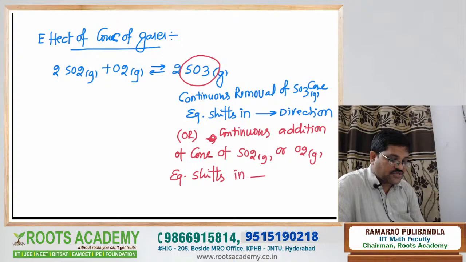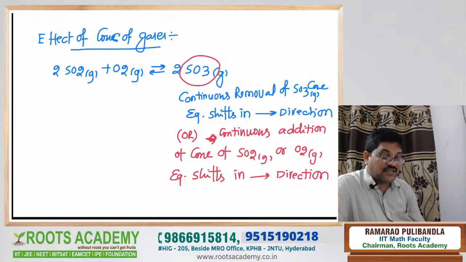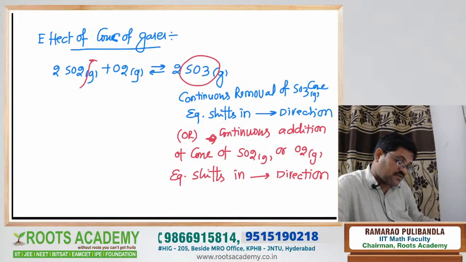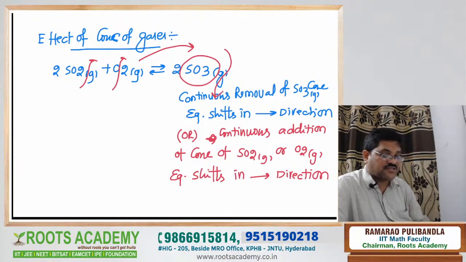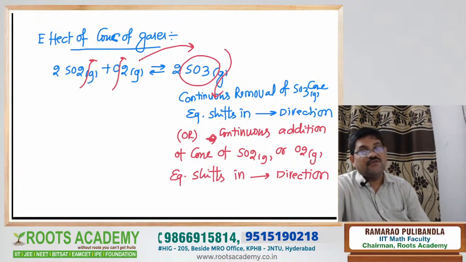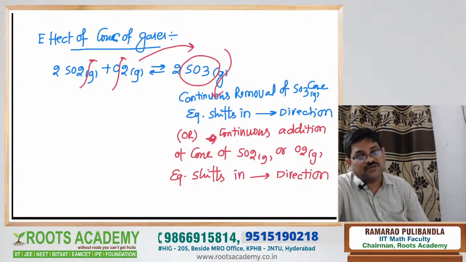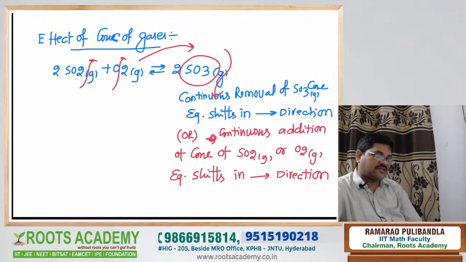That means with respect to concentration of the gases, continuous addition of the concentration of the reacting gases, equilibrium moves in the forward direction, or else continuous removal of the concentration of the product gas, equilibrium moves in the forward direction. Simple logical point, no confusion. This is the effect of concentration of the gases.